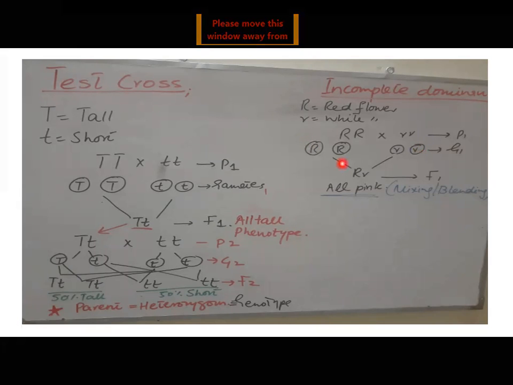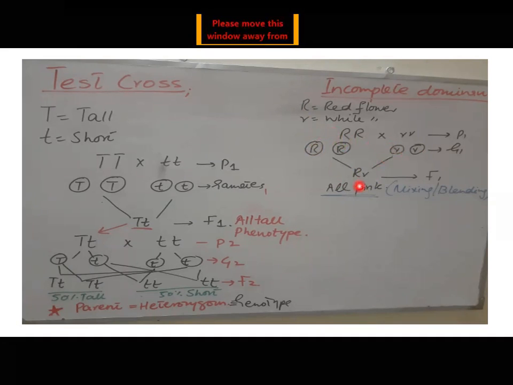So we expect that all should be red, but the results are so different. All were pink. Why? Because in this case there is no dominance of one allele over the other.